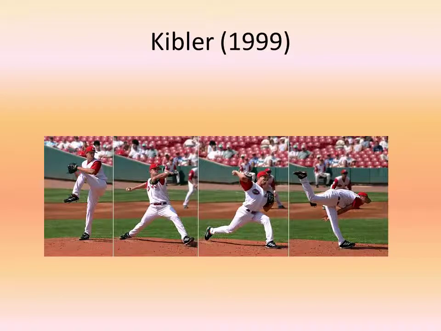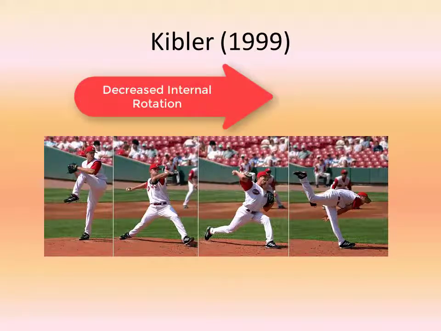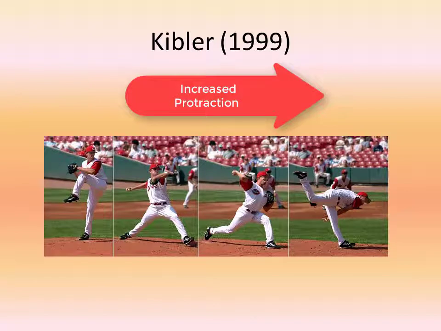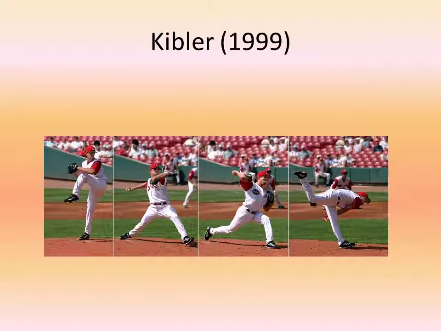Kibler first described impingement syndrome in baseball pitchers. He stated that baseball pitchers with tight posterior glenohumeral joint capsule and muscles have a decreased internal rotation. This leads to an increased protraction and an increased impingement during ball release and follow-through.